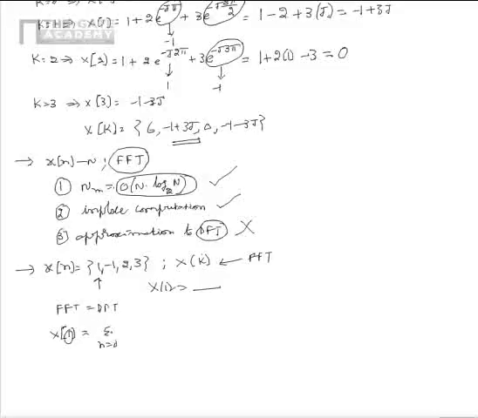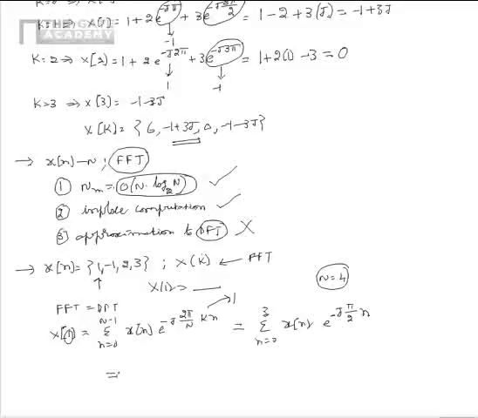So this can be written as sigma n equal to 0 to N minus 1, x of n multiplied by e power minus j 2 pi by N k n. Here k is equal to 1. Upon substituting N is equal to 4, because the signal is of length 4, we see that X of 1 can be written as sigma n equal to 0 to 3 x of n multiplied by e power minus j pi by 2 n.